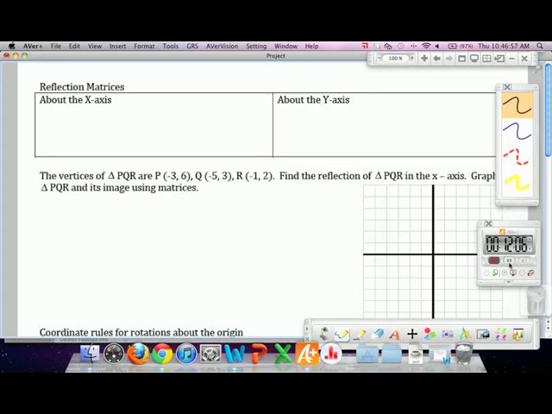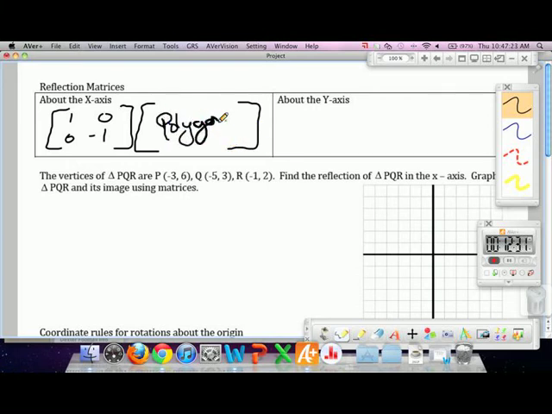If I want to reflect something about the x-axis, using matrix multiplication, you could multiply whatever your polygon's matrix is on the left side by this special matrix, 1, 0, 0, -1.